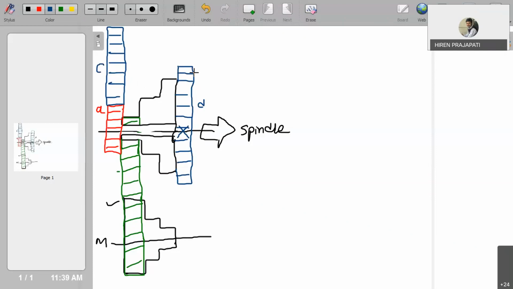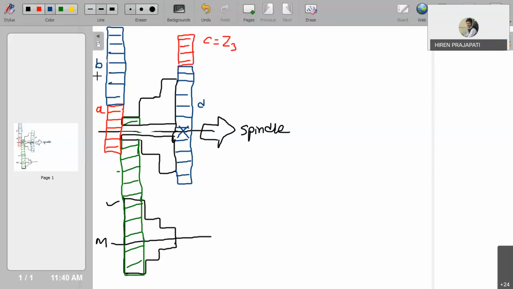And I consider now one another ideal gear. Sorry, this I should write here, B. This is B, and now I consider one another gear C which is ideal to this A, right? Consider that A and C, they are ideal gears. So C is having number of teeth, suppose Z3.